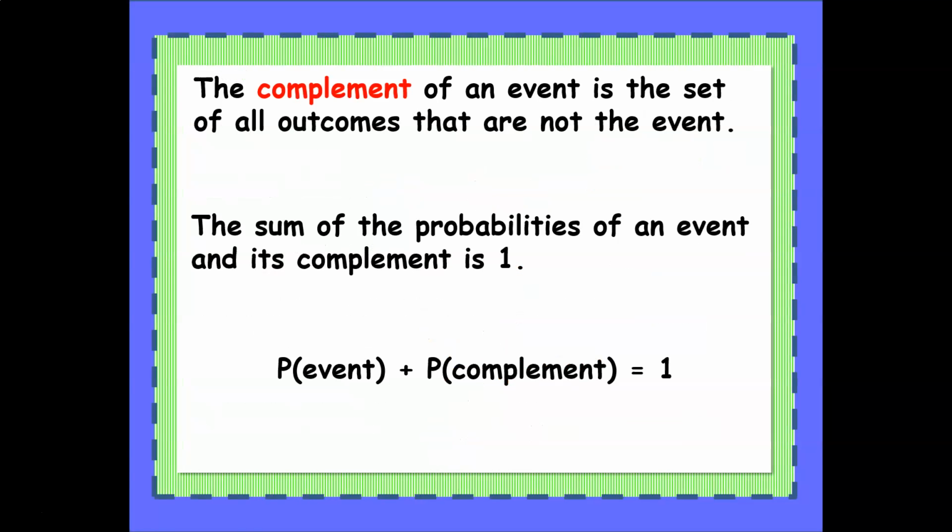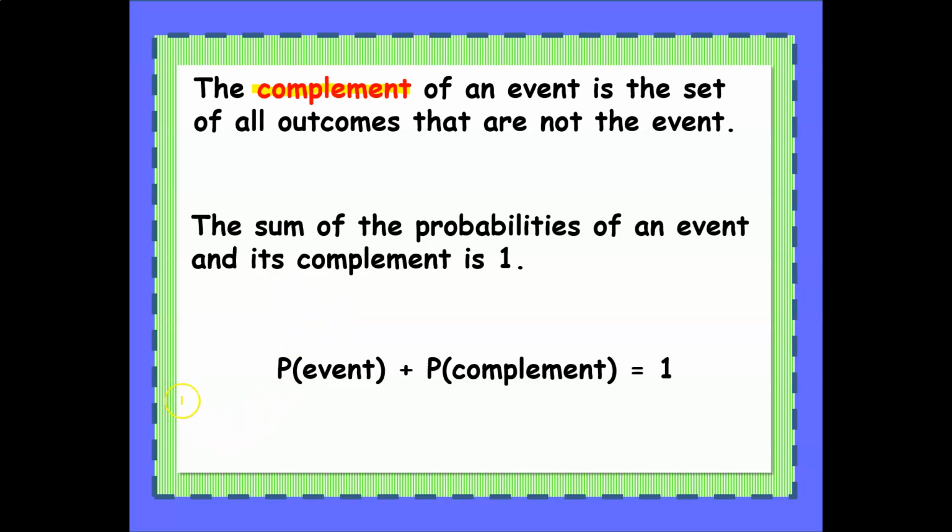A complement. So here's another definition that you might need to write down. A complement of an event is the set of all outcomes that are not the event. So the sum of the probabilities of an event and its complement is 1.